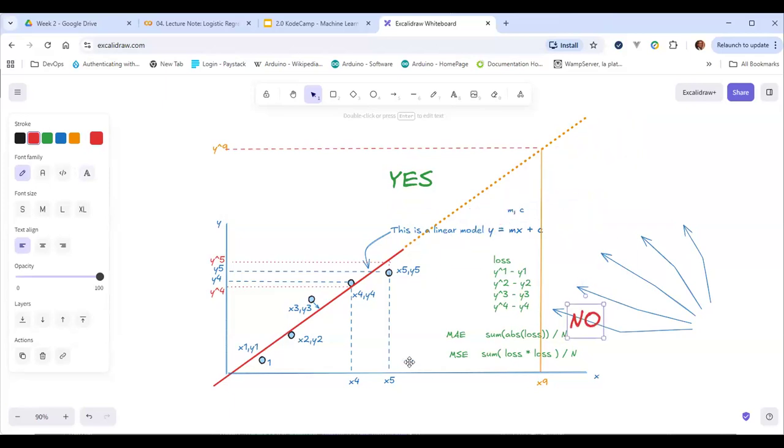Anything on this side of the line, it doesn't matter where it is, it can even be on the negative side, as long as it is on this side of this line, it is classified as no or zero or bad or negative. But if it is on this side of this line, then it is classified as yes. This is simply the difference between a linear regression and the logistic regression.